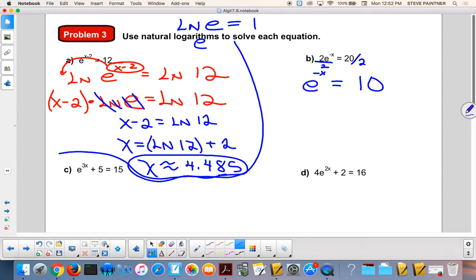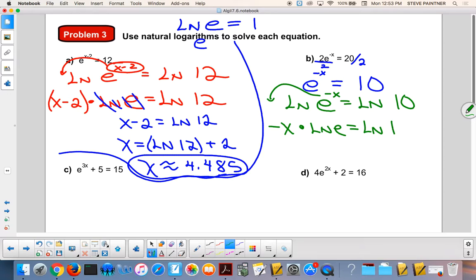Here's the problem: e to the negative x equals 10. 1 over e to the x equals 10. Now take the natural log of e to the negative x. The natural log of 10. Move your exponent out in front. And you should know that ln of e, the natural log of e, is what?